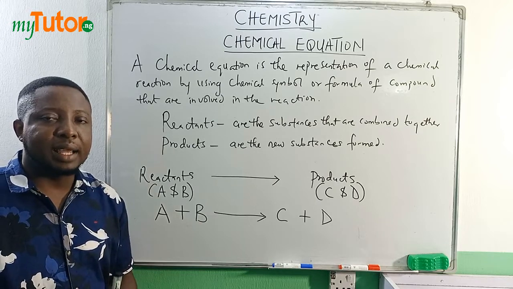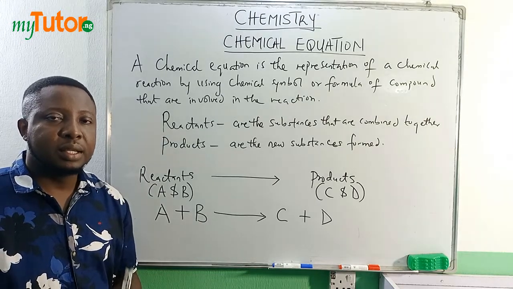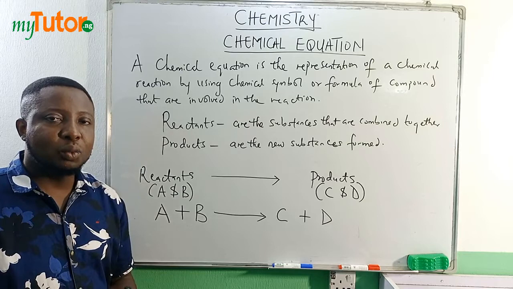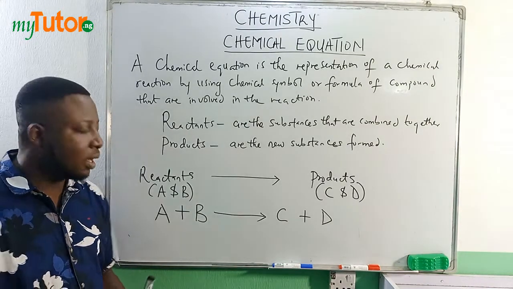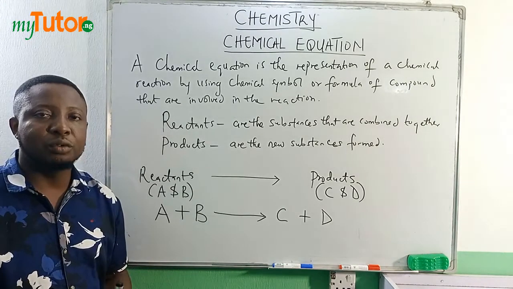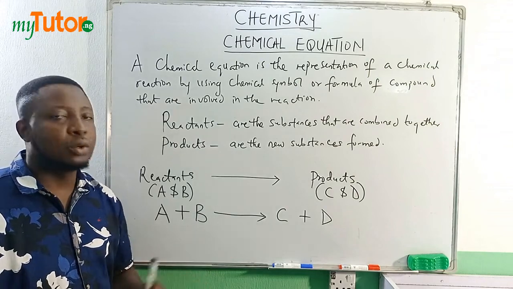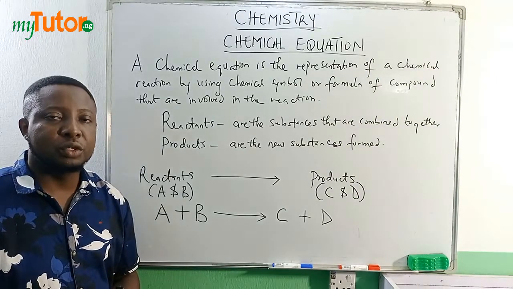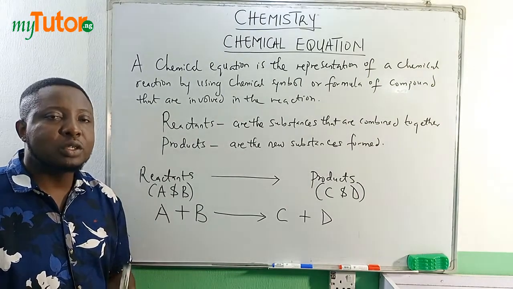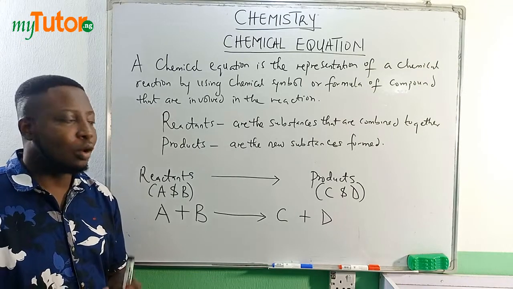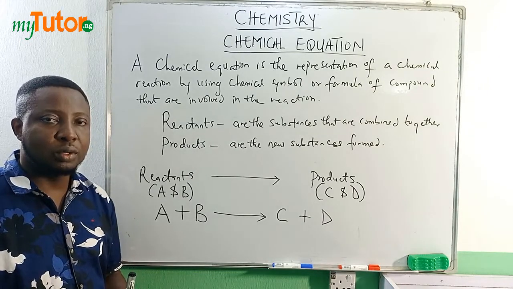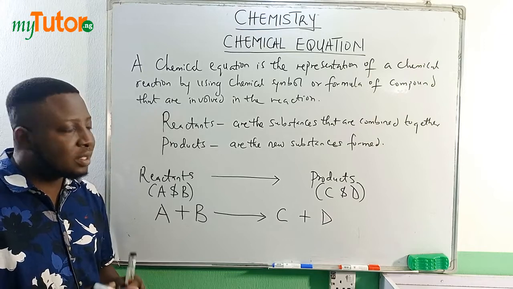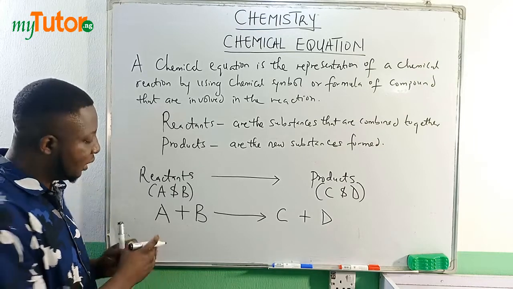We know that matter exists in three states: the solid state, the liquid state, and the gaseous state. Our reactants may be in any of those three states, and also our products may be in any of those three states. Therefore, we must indicate the state of our reactants and products by writing the symbol below the reactants or the products.